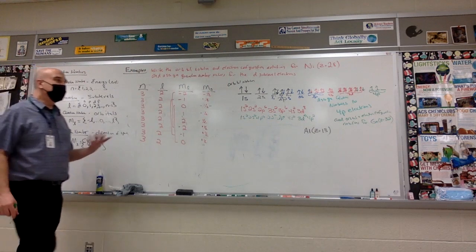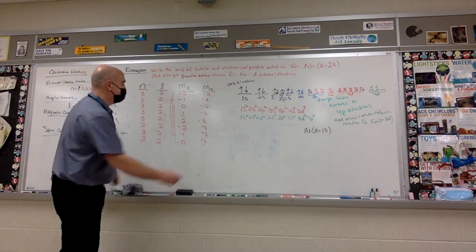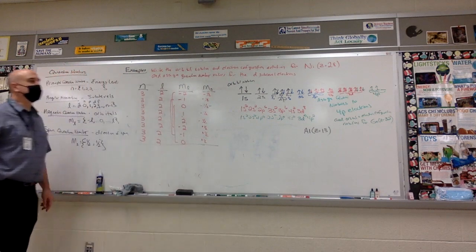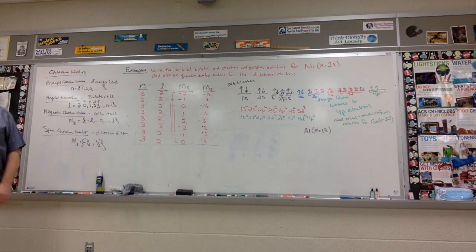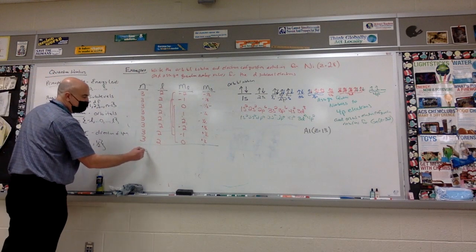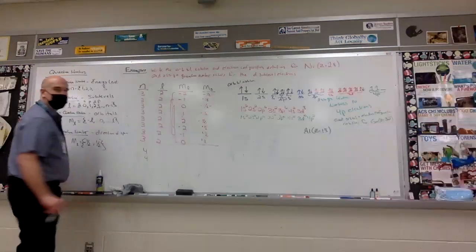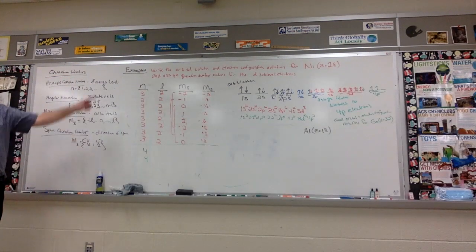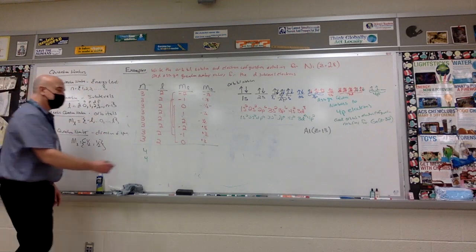Okay, and now we want the quantum number values, right? But only for the 4p electrons. I only have 2 of them, right? There are only 2 electrons in 4p. If it's 4p, they're both in the 4th energy level, right? And then 1. My l value for p is 1, right?